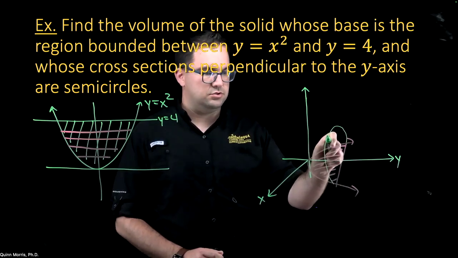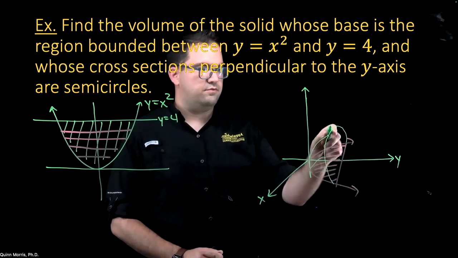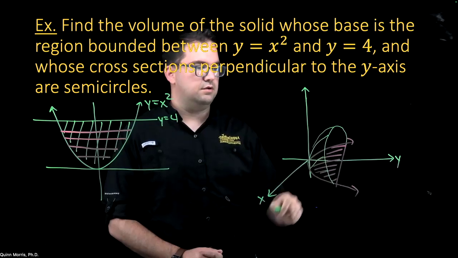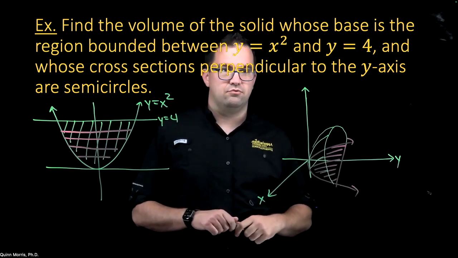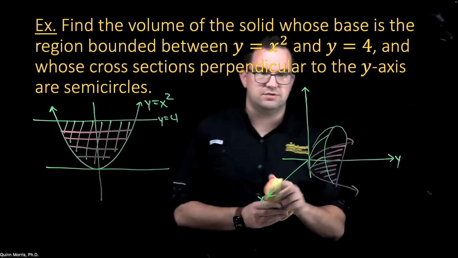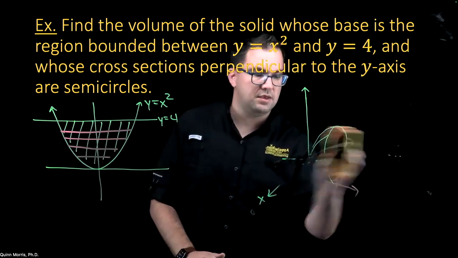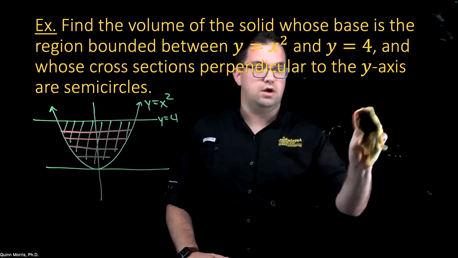And then those semicircles are going to be getting smaller and smaller. So you can imagine a shape that looks something like this. Now, again, that's a very rough estimate. In fact, to help us visualize it, let's flip over to Desmos. This is, in fact, exactly that shape that I showed you earlier.